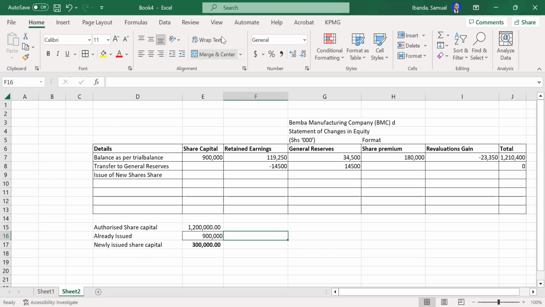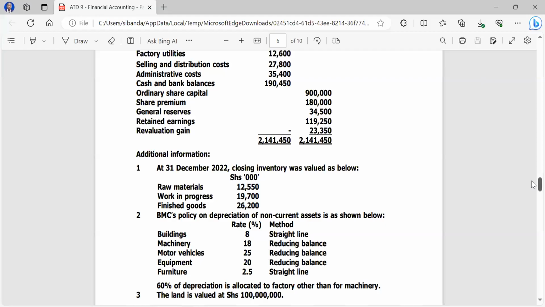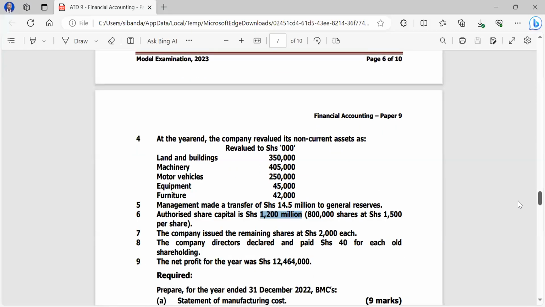But it's something very interesting that I want you to see. The examiner was very bright. They didn't give you the number of shares that were issued. What did they rather do?